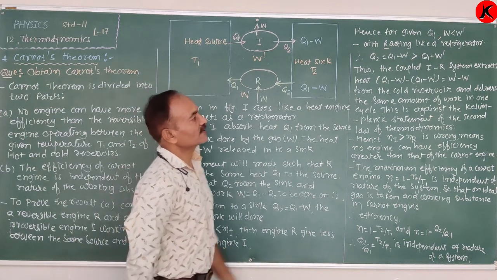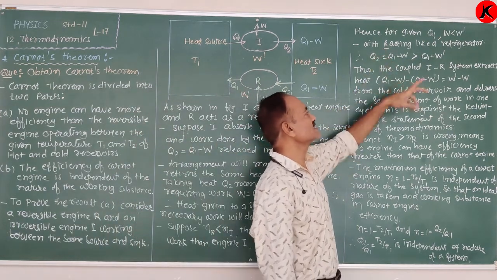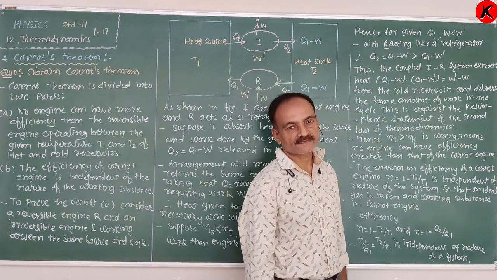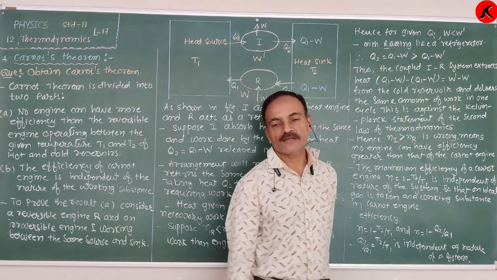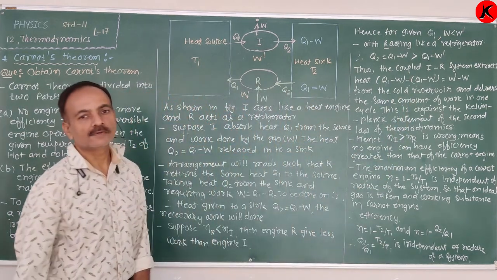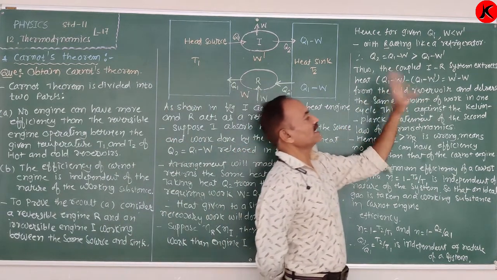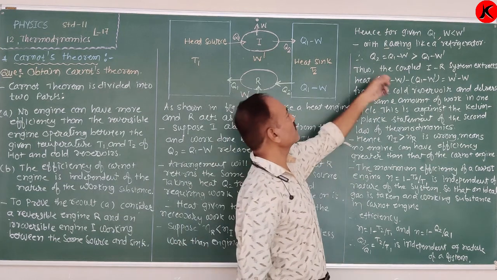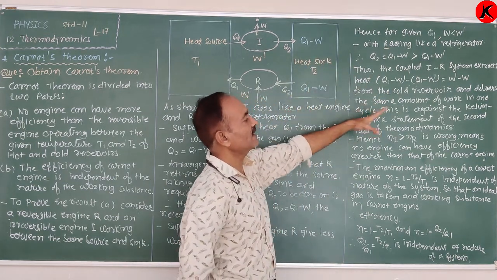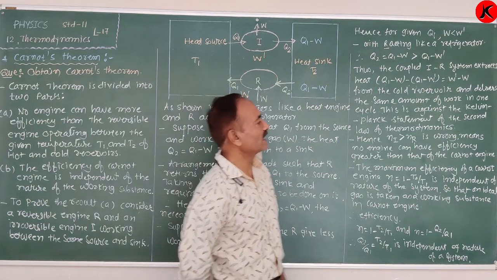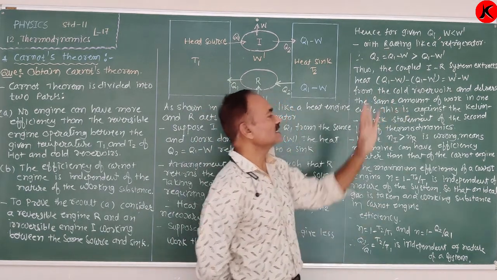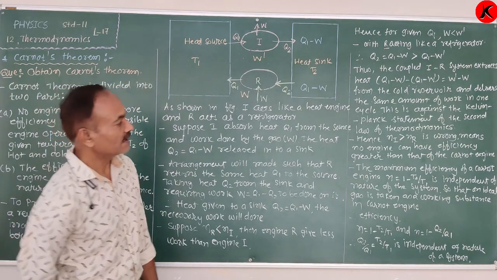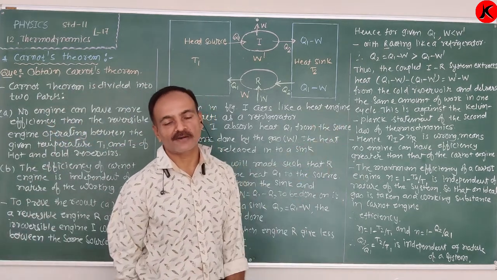The total amount of heat absorbed is (Q1 minus W) minus (Q1 minus W dash), which is equal to W dash minus W. Therefore, it is taken from the cold reservoir and delivers the same amount of work in one cycle, and this is against the Kelvin-Planck statement of the second law of thermodynamics.